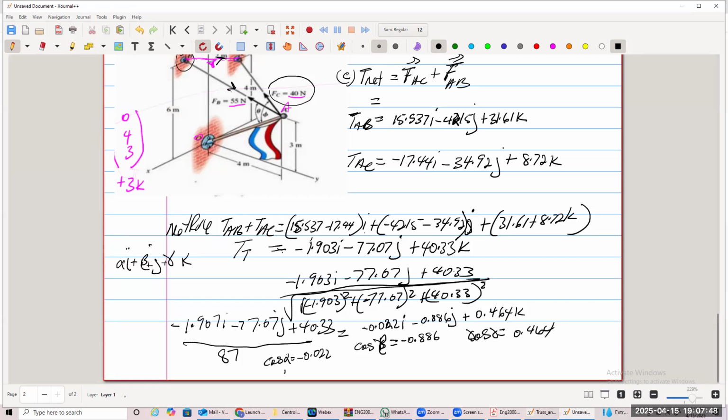What's this one equal to? This is the inverse of this, but this is a minus. Make sure you put the minus there. It's very, very important.